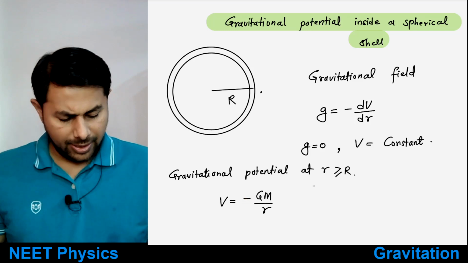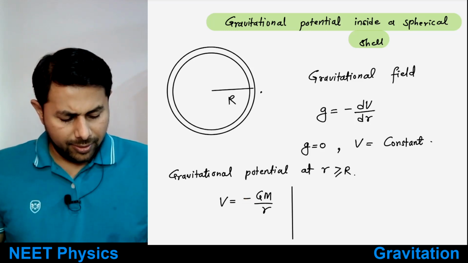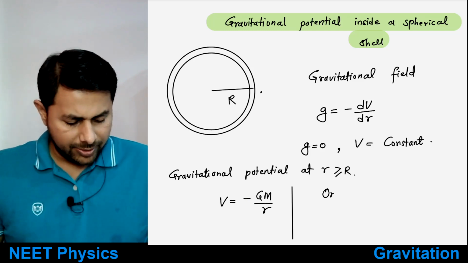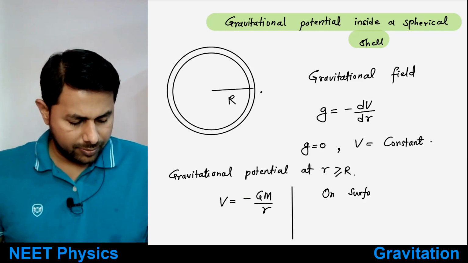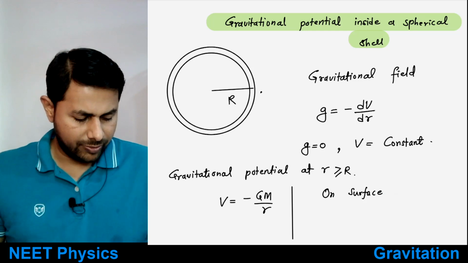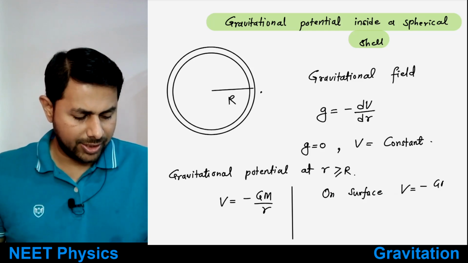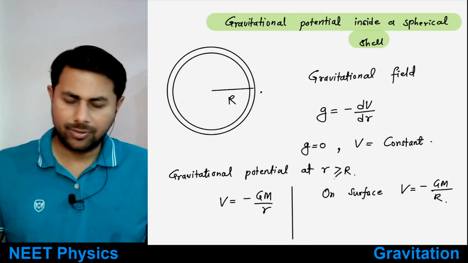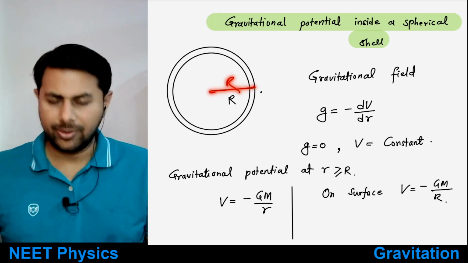Okay, and then what would be on the surface of shell? On surface of shell, V would be equal to minus of Gm divided by R, right? Then the small r just becomes equal to the radius of shell.